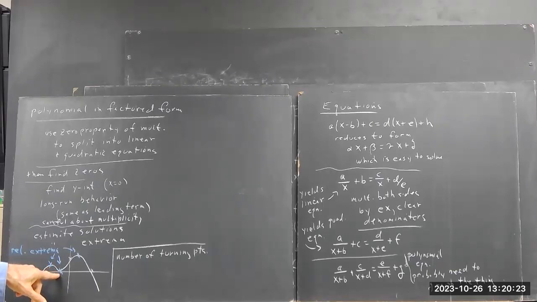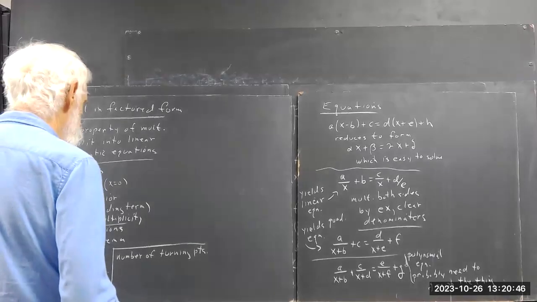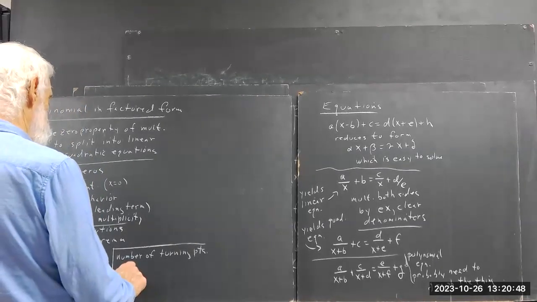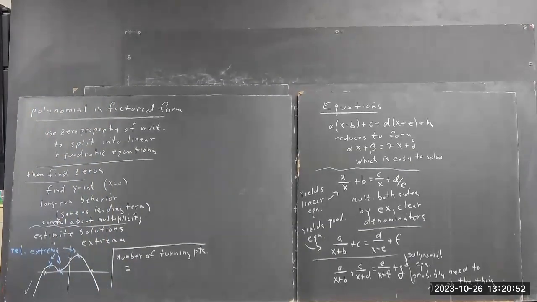And a lot of you nod your heads in complete recognition. Okay. If you don't have complete recognition of that, review it. Multiplicity tells you how many times that zero counts, how many times you've got that linear factor. And the number of turning points, well, how many turning points do I have on this thing?